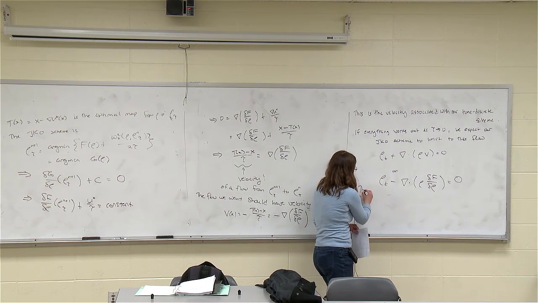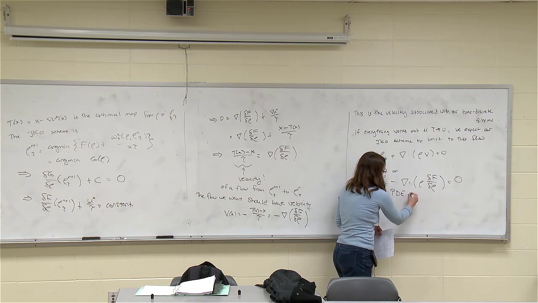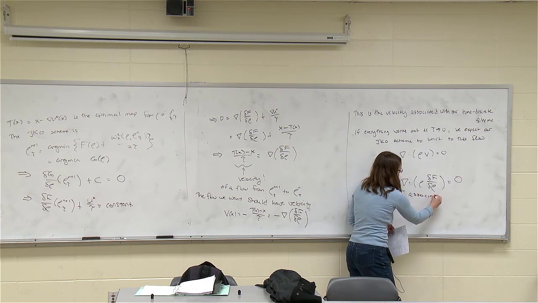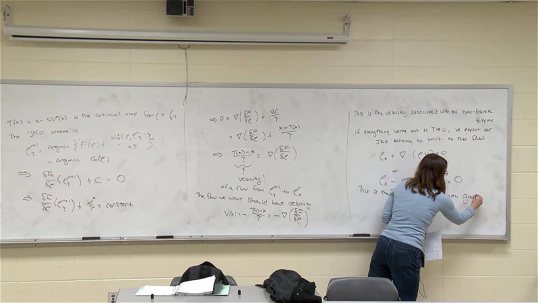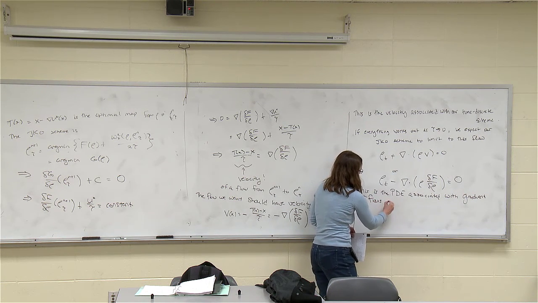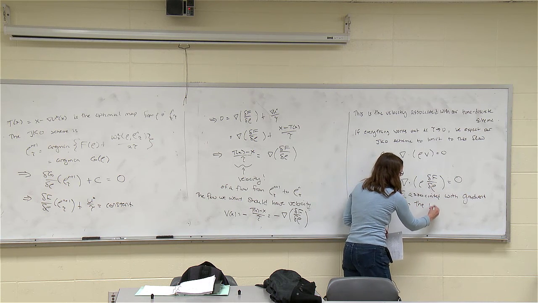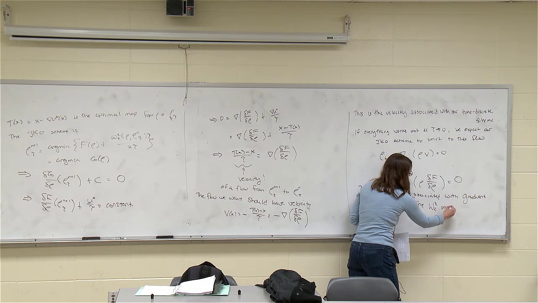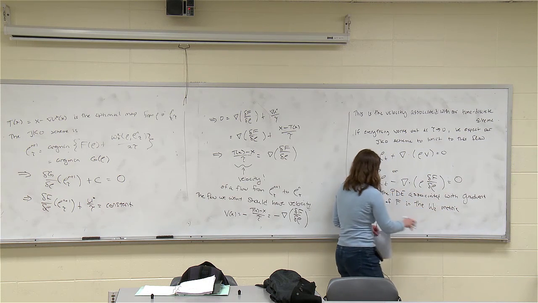Okay, and this is the PDE associated with doing gradient flows of F in the Wasserstein metric. It's called the W2 metric.